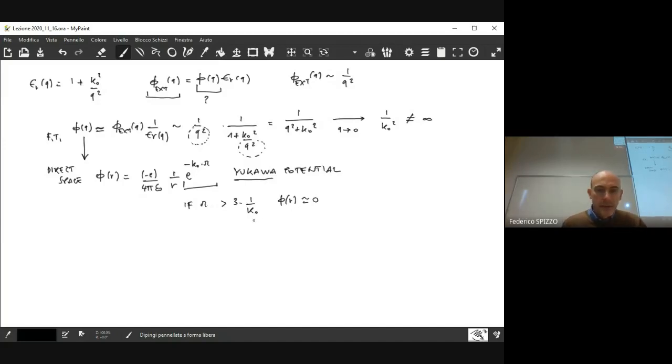So at this point, the question is, what is the value of k0? It can be seen that k0 is of the order of kf. And kf, let's say, in a cubic crystal, is of the order of 2 pi divided by a. So 1 divided by k0 is of the order of a divided by 2 pi.